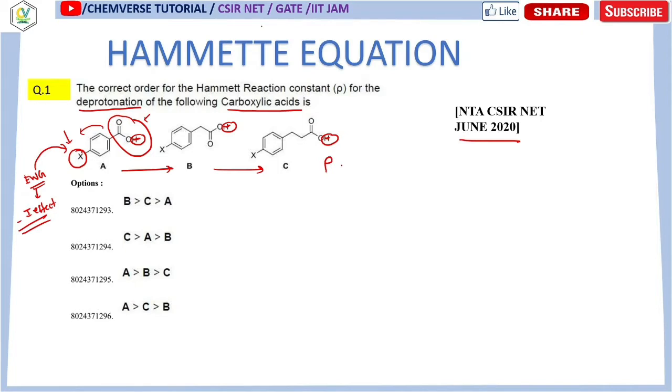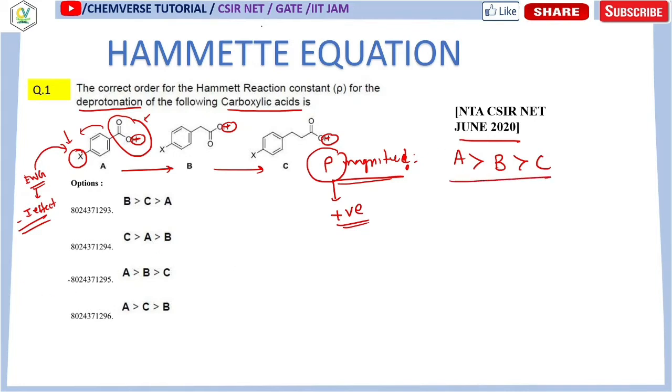Therefore, the magnitude of the rho value will be highest in the case of A, then B, then C. As for the sign of the rho value, during the course of the reaction negative charge is generated, so electron density is increasing, and the rho value will be positive. In all the cases the rho value will be positive, and that is the order. So option C will be your correct answer.